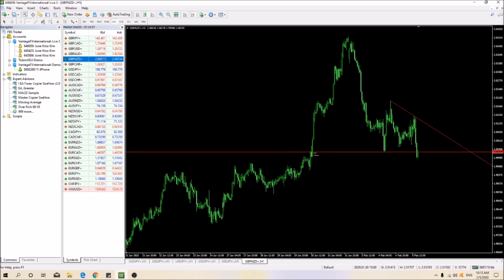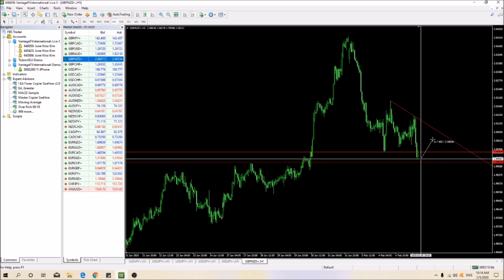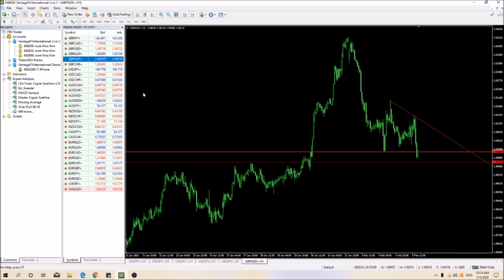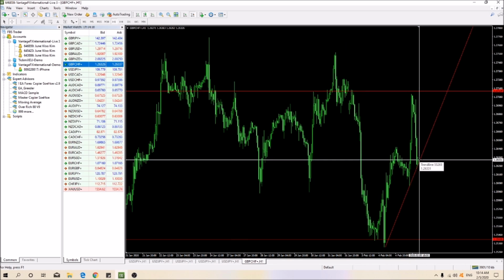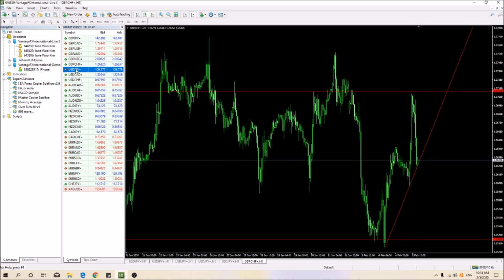There's support right here around this level, so we could see price go back up, test this trend line again, and then go back down. GBP CHF, right now it's at the trend line, and it looks like it's going to bounce back off, and we can see another test for this resistance.